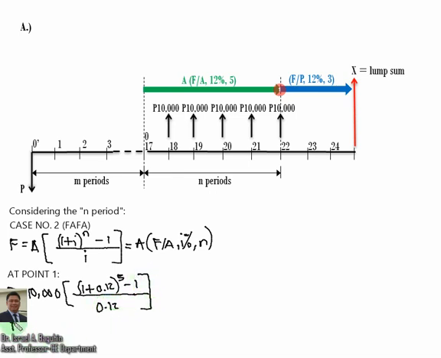So our F1 is simply equal to about 63,528.